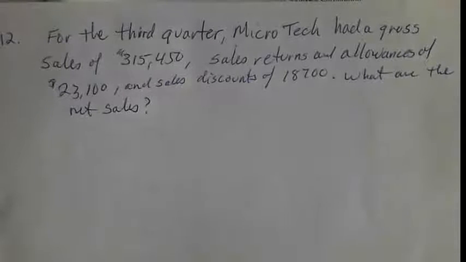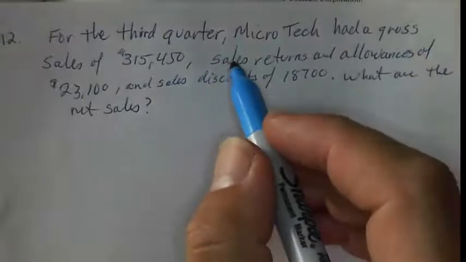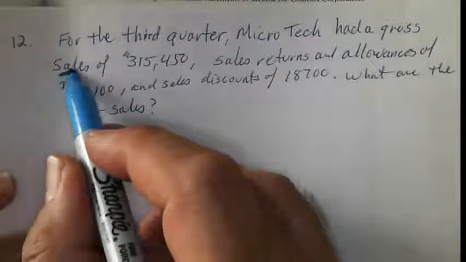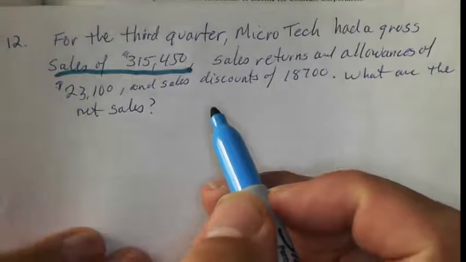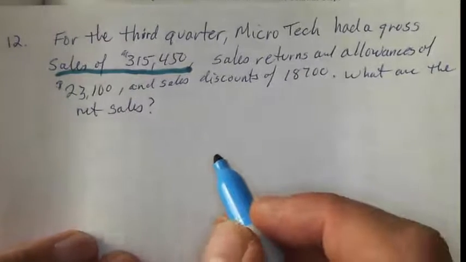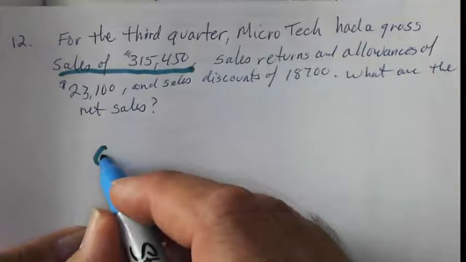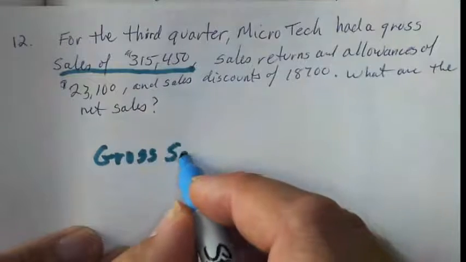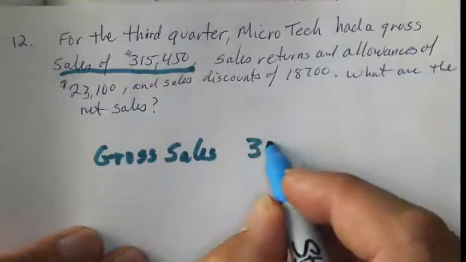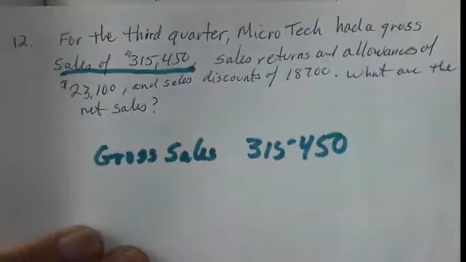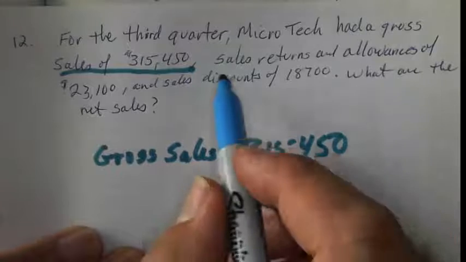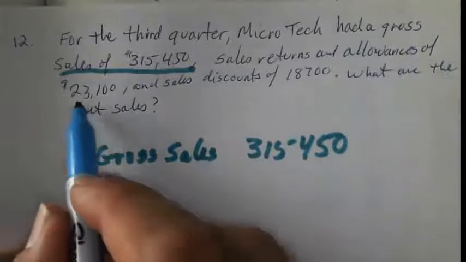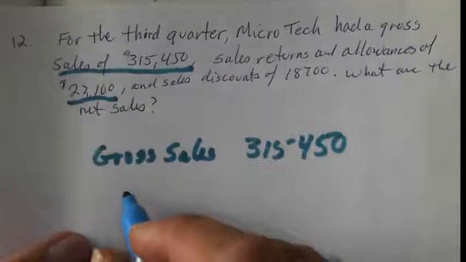In number 12, the example is that you're asked to give net sales. The information provided: for the third quarter, Microtech had gross sales of $315,450. So we're going to write gross sales, $315,450. Sales returns and allowances, $23,100. So we're going to subtract that.